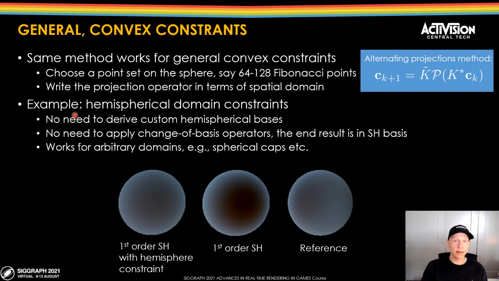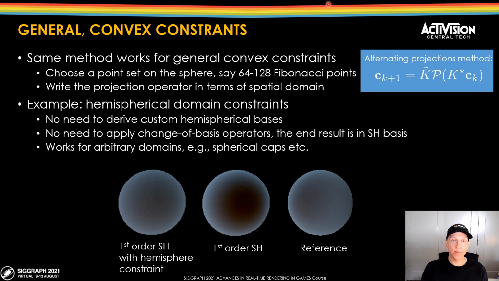The key takeaway here is that this reproducing kernel based change of basis allows us to write some convex constraints in a very simple and practical way in the spatial domain. And we have this simple algorithm that allows us to compute the resulting projection by iterating on these simple convex projections.